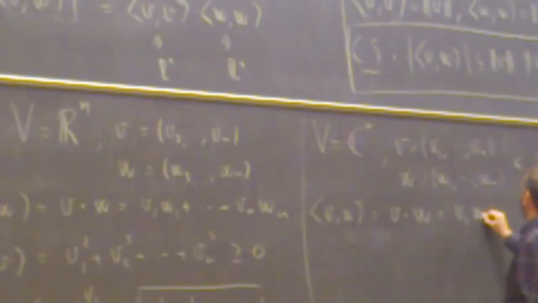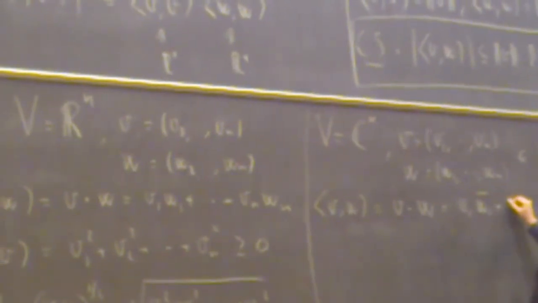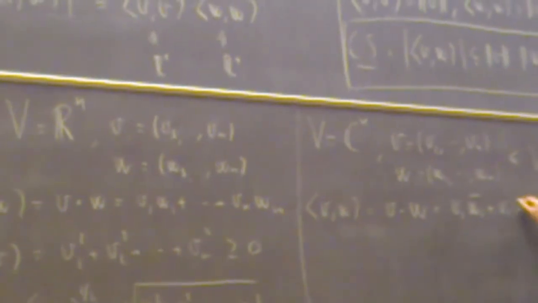You could again call it a dot product, but now it is v1 w1 complex conjugated plus v2 w2 complex conjugated, and so forth. So we do exactly the same thing as before, but we complex conjugate the second variable.